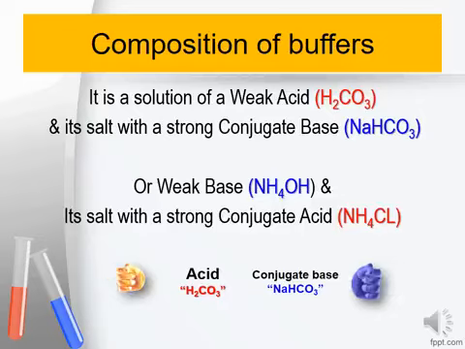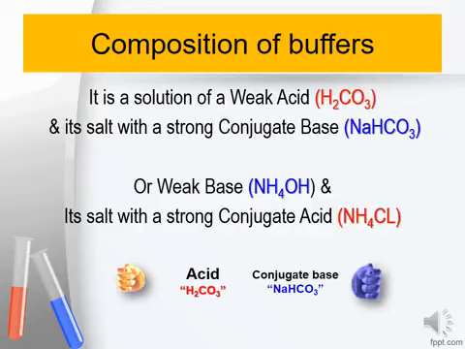So, how does a buffer resist? A buffer is composed of an acidic part and a basic part. We mentioned before that an acid is a proton donor, and bases are hydroxyl donors, or proton acceptors. When a buffer is composed of an acidic part and a basic part, and I add an acid externally, this acid will liberate hydrogen.